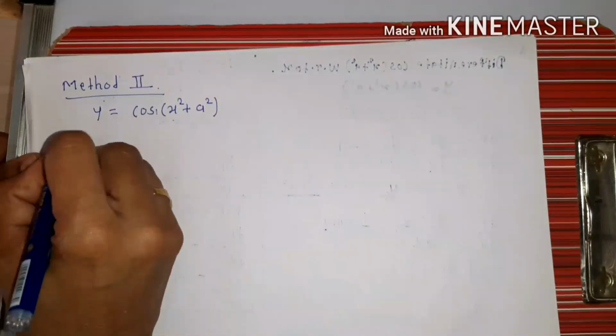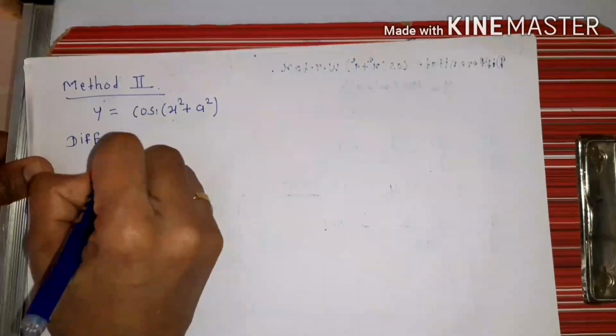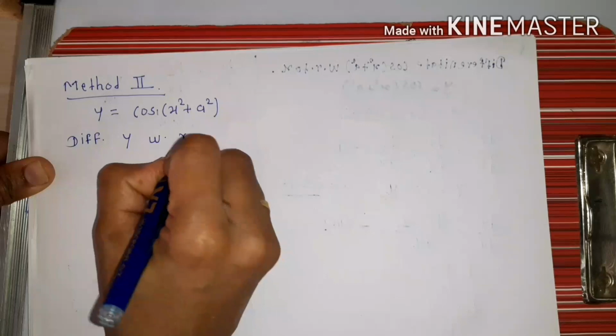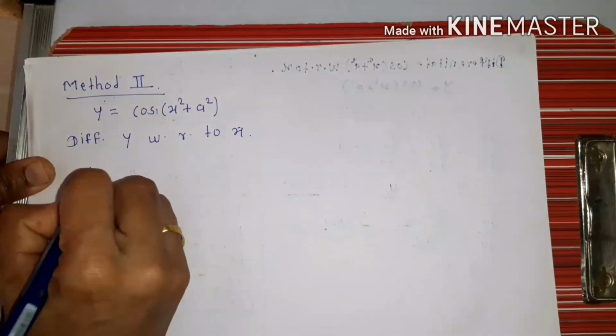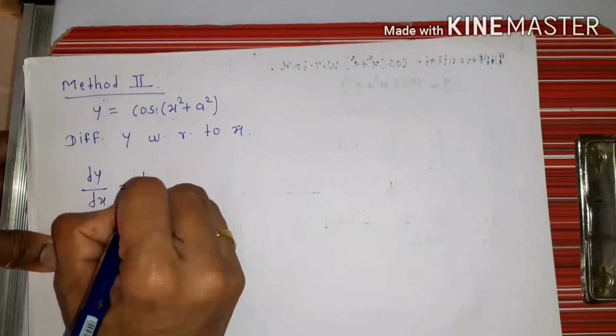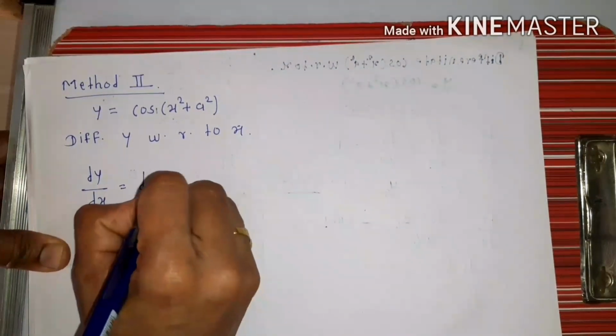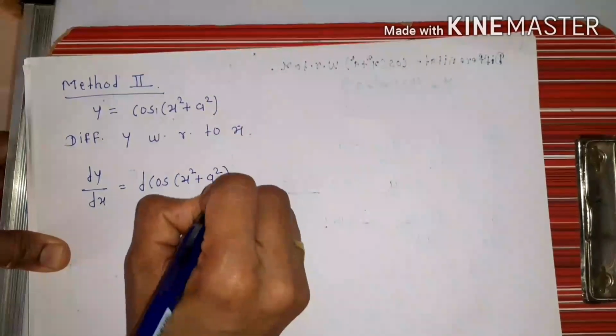Differentiate y with respect to x, and therefore dy by dx equal to differentiation of cos of x square plus a square with respect to x.